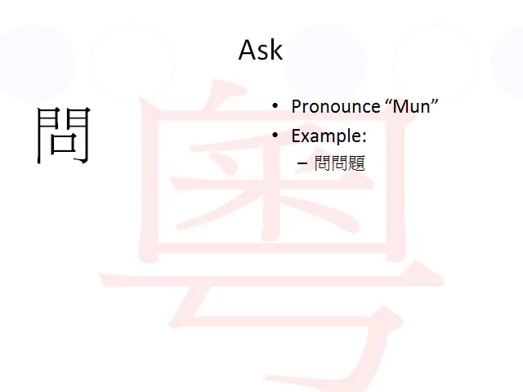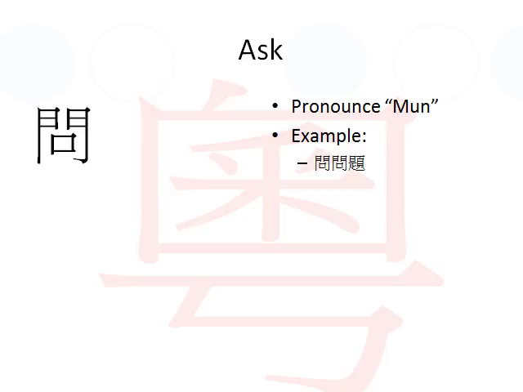To ask. For the Cantonese pronunciation of the verb to ask, let's say asking questions, it is pronounced man. Again, the pronunciation for the Cantonese verb to ask is man.